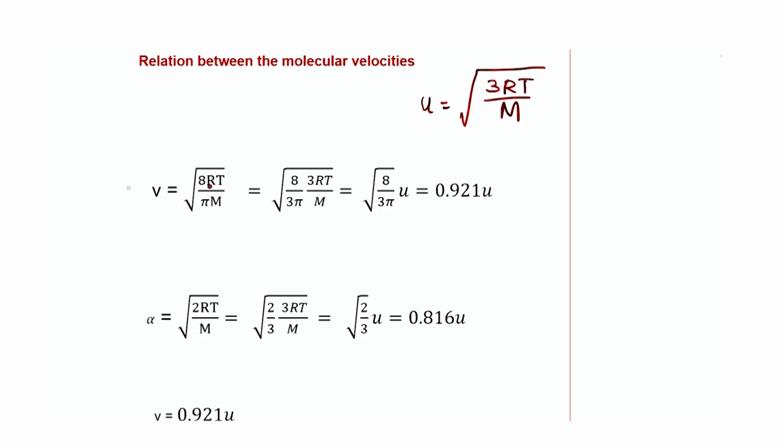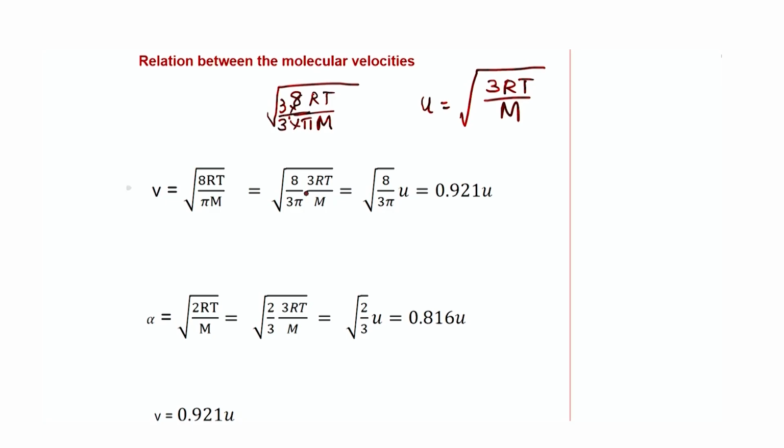What I am going to do is, in the square root of 8RT by pi m, I multiply both numerator and denominator by 3. I take the 3 here and the 8 outside, so it becomes 8 by 3, times 3RT by pi m.